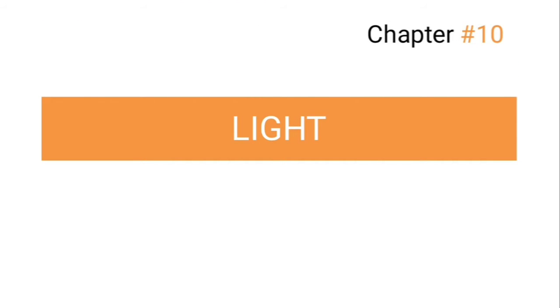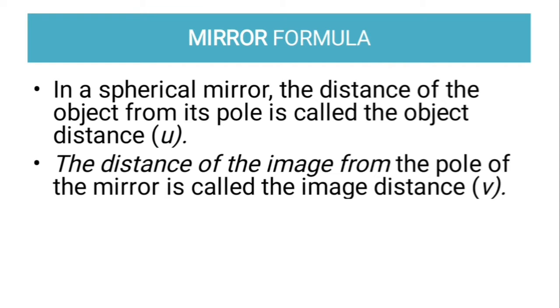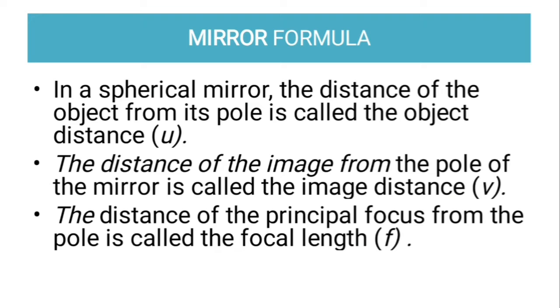As you know, some topics we have already covered in the earlier session. Today we will be starting with mirror formula. So what is mirror formula? In case of a spherical mirror, the distance of the object from the pole is taken as u, the distance of the image from the pole of the mirror is v, and the distance between the principal focus and the pole is considered as f.